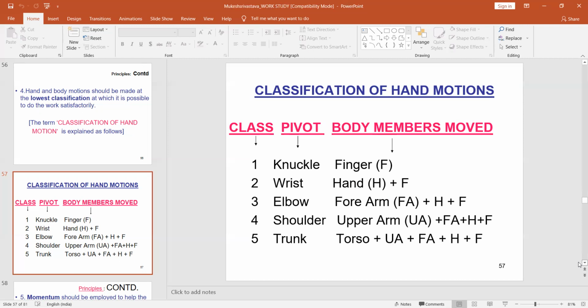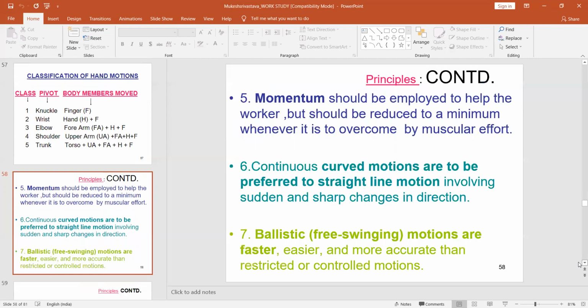When we are working on a machine, we need to do these types of pivot motions. I should do knuckle, wrist, elbow, shoulder and trunk motion. We should use all these pivot motions simultaneously. Momentum should be employed to help the worker, but should be reduced to a minimum wherever it must be overcome by muscular effort.